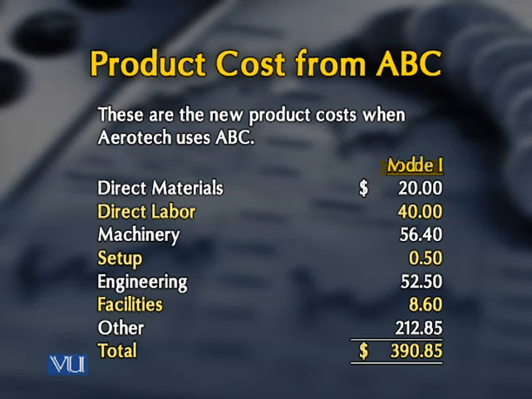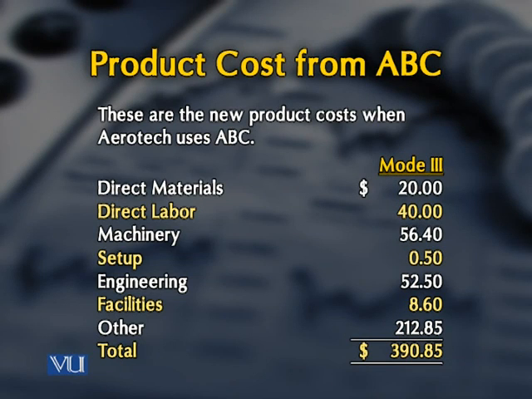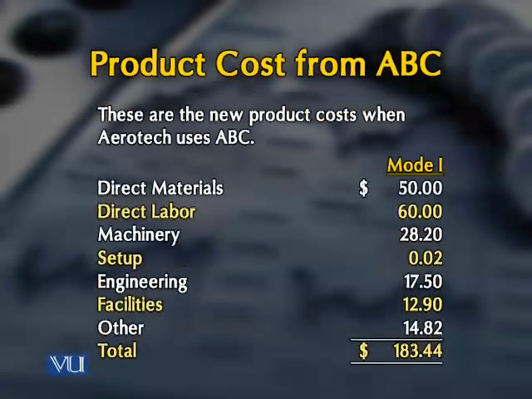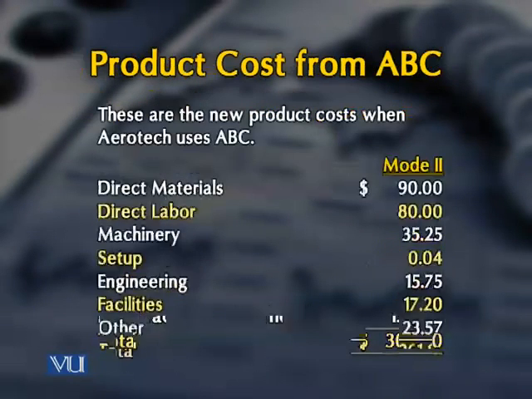So the total cost now comes to 183.44, 261.81, 390.85. And if you recall the previous one, the traditional one cost was 209, and now in ABC the cost is 183.44. In model 2 it was 302 in traditional one, and in ABC costing it is 261.81.